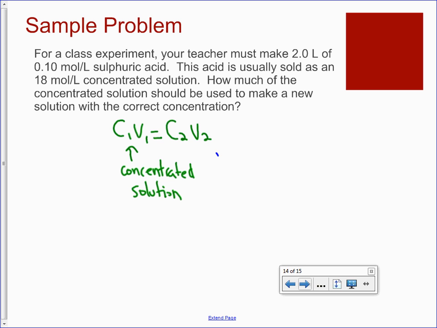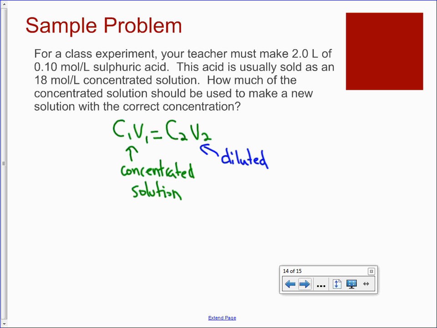And the C2V2 refers to the diluted part, or the part that we have prepared. So going through our question now, we can organize our information into C1V1, C2V2 as given, and figure out what it is we need to solve for.